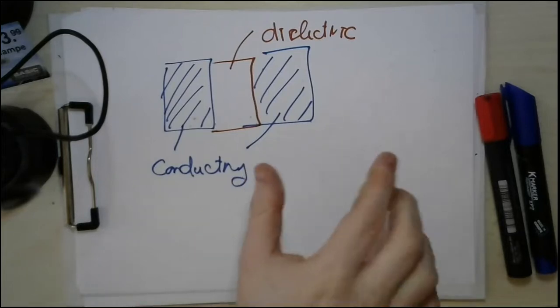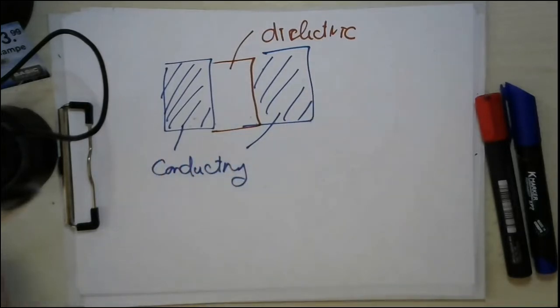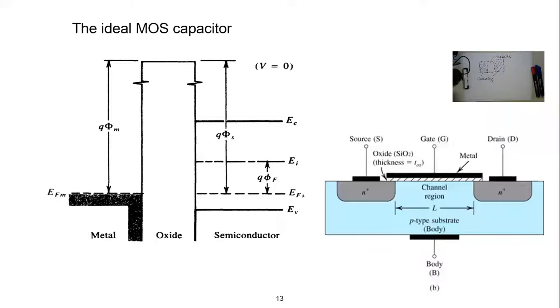Do we have something like that in our MOSFET? Let's check. Okay, so now if we monitor our MOSFET, we will see that we have a permanent built-in potential in the MOSFET. Why?